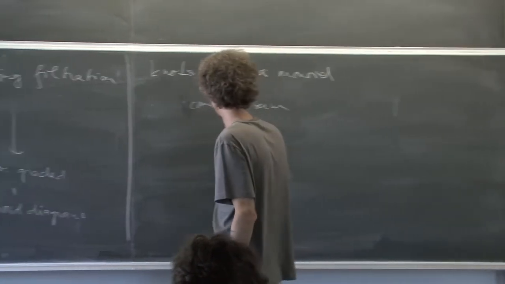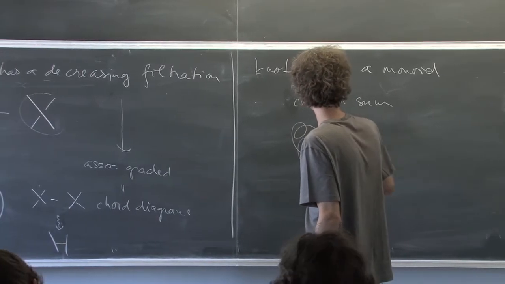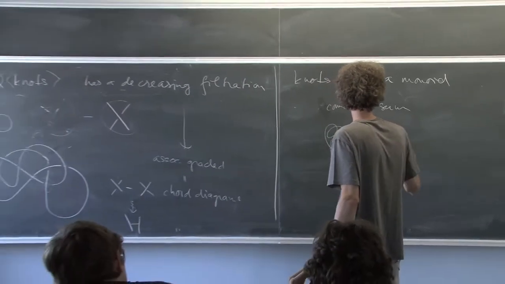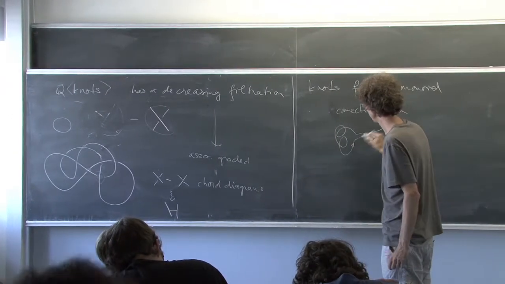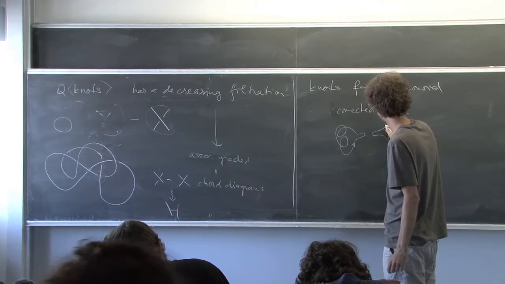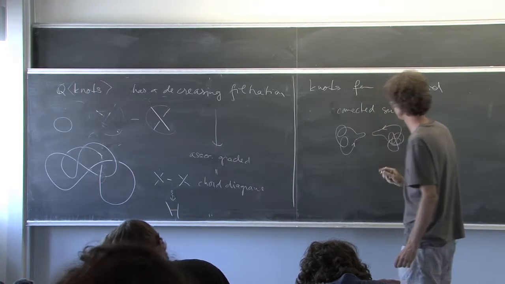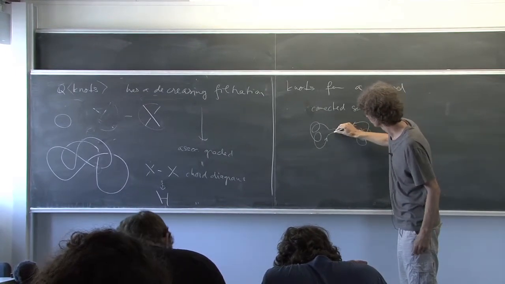So you have one knot and another knot. Both of them are supposed to be oriented. It's like this. Should go like that. So the operation that you would do is connect them.